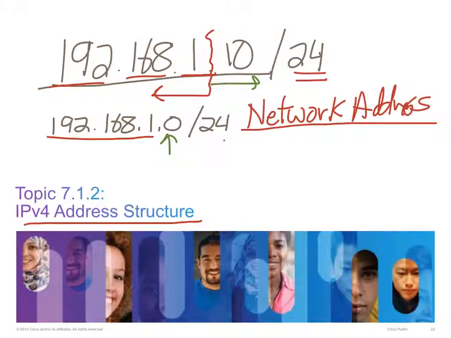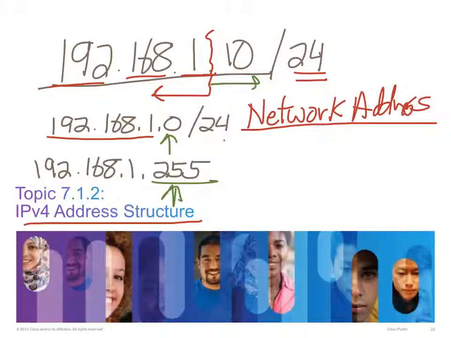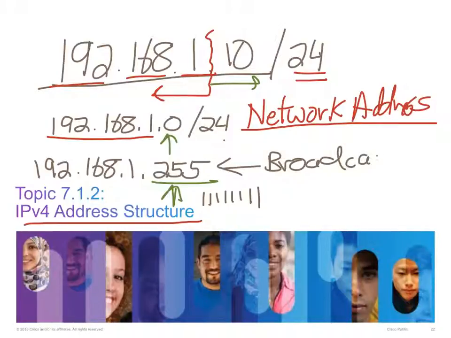If I was to give you this one, 192.168.1.255, now you see that host address is 255, which if we were to write that out, that'd be 8 ones. Now we know this is a broadcast.